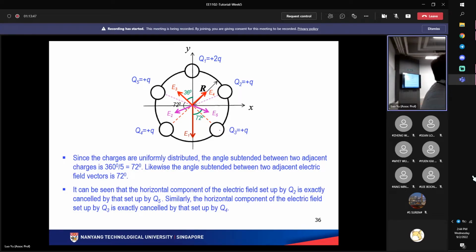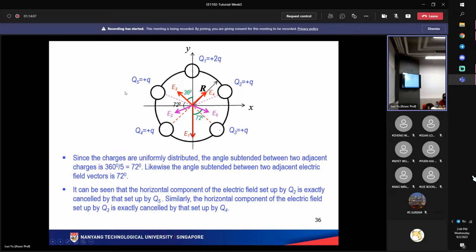So E1 has no X component, the X components of E2 and E5 cancel out, and those of E3 and E4 cancel out. There should not be any X component in the final answer.